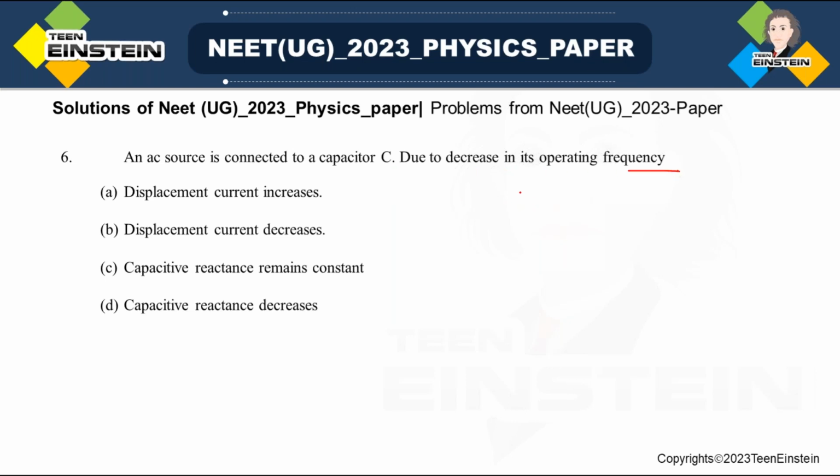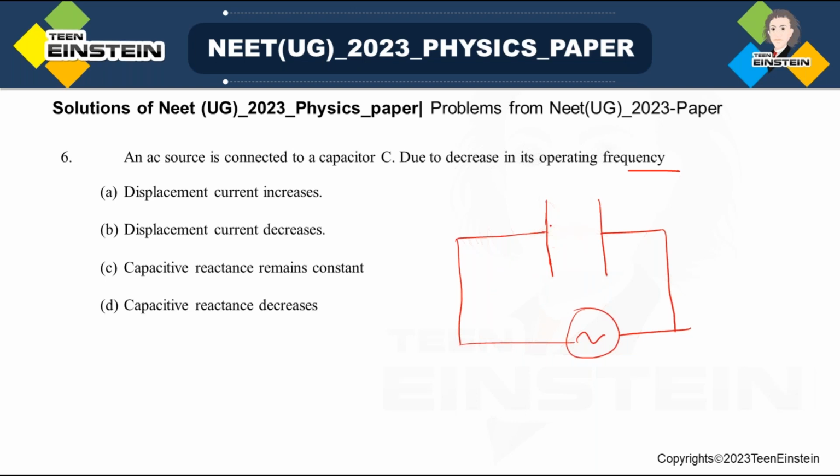If I just take a parallel plate capacitor and connect this plate with an alternating battery, since the frequency is changing, the frequency can be changed. Frequency is there, which means this is AC anyway.